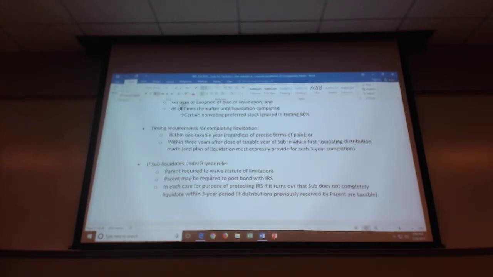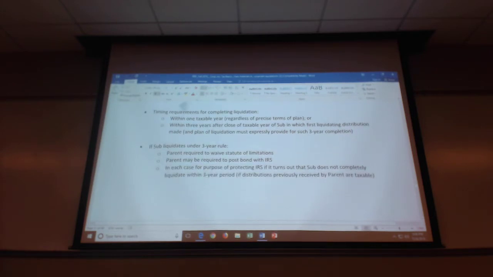So you really could get 3.5 or more years to finish. And this in turn implicates some interesting procedural rules, and you'll see this if you prepare tax returns.